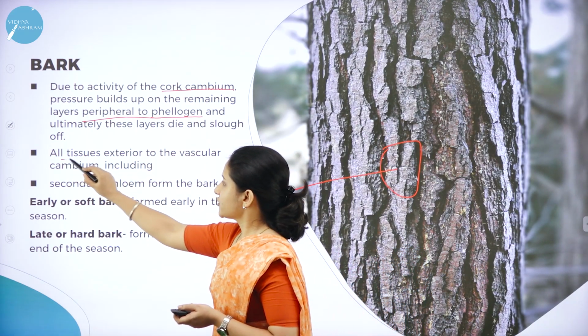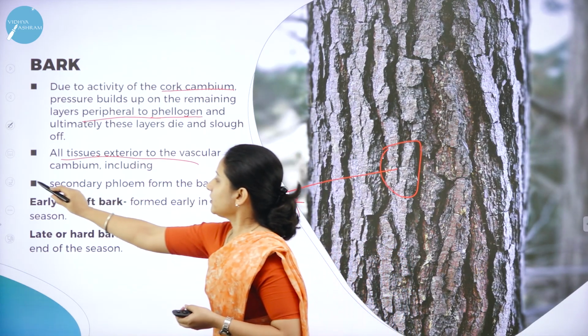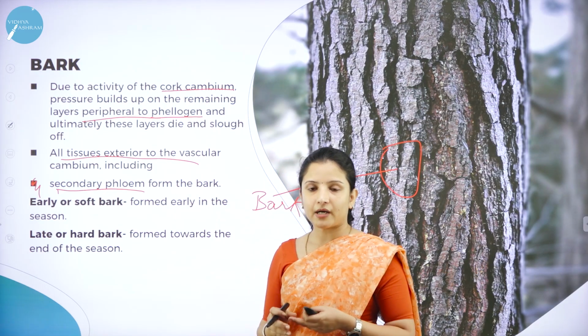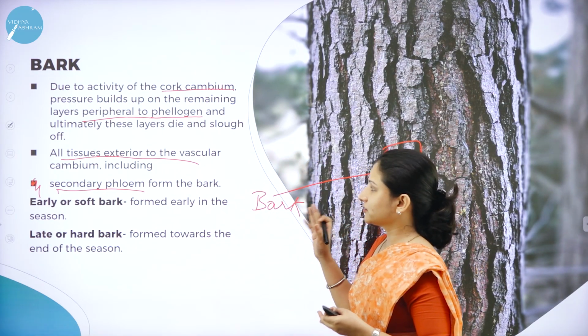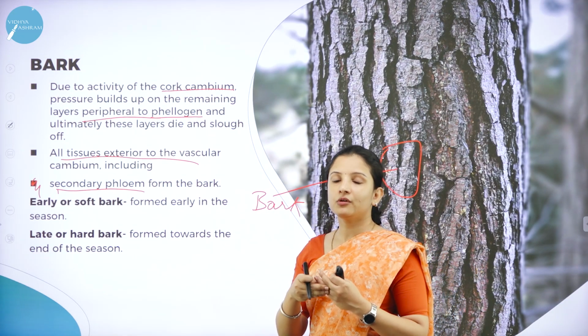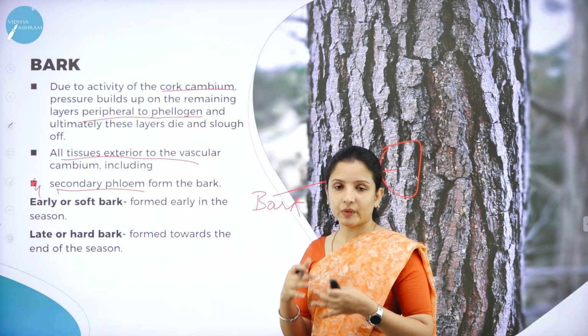So all the tissues that are exterior to the vascular cambium, including the secondary phloem, they all form the bark. So the secondary xylem, the secondary phloem, all these are apart from those exterior to the vascular cambium. Interior to the vascular cambium was the primary xylem, pith and all that.